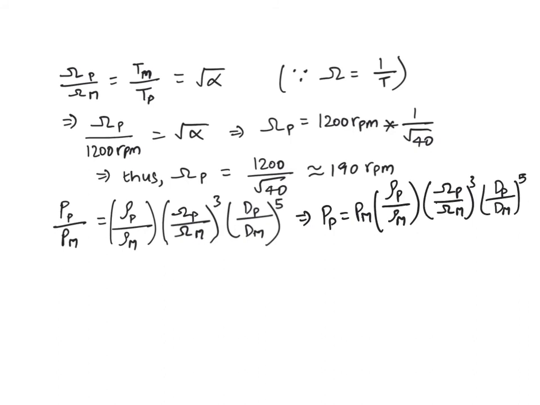So power of prototype would be equal to, the output power of the model was given as 1.4 feet pound force per second, so we substitute that in place of PM as 1.4 multiplied by the density. The density for prototype and model will be the same, because the same fluid is passing in both cases.